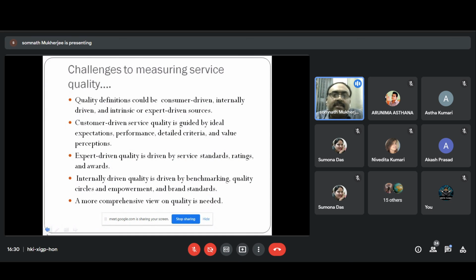The standards that are framed are a function of a large number of things. Customer-driven quality standards are driven by ideal expectations, performances, detailed criteria; then there are expert-driven and internal-driven ones.